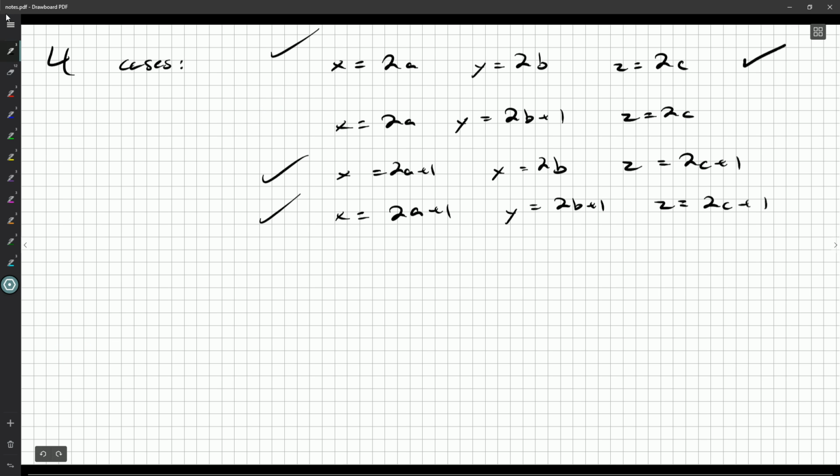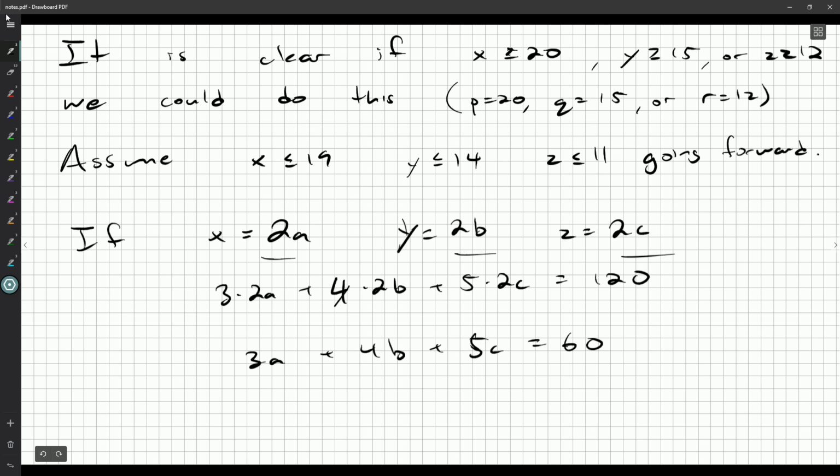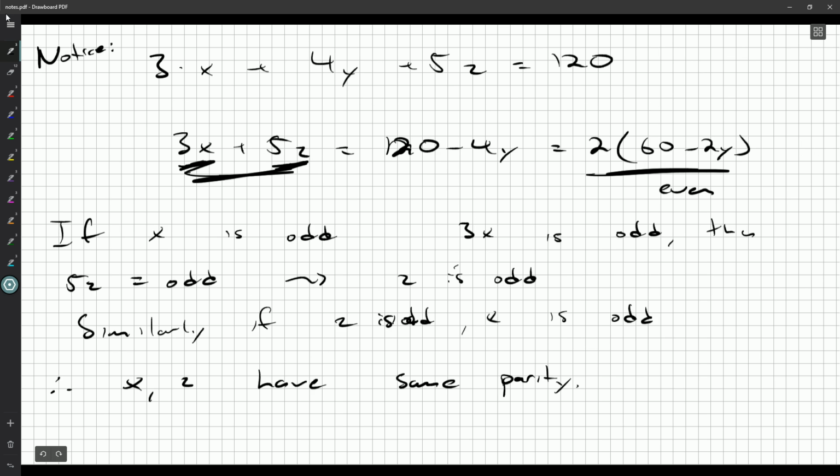Now, these are possible, but you'll notice you can't have x is odd, z is even, and y is even, or something like that. So we know how to handle this one. We already observed that. What if I have the other ones? For example, we had 1, we had 18, and we had 9 here. But of course, 18 is more than 15, so you can just automatically do this.